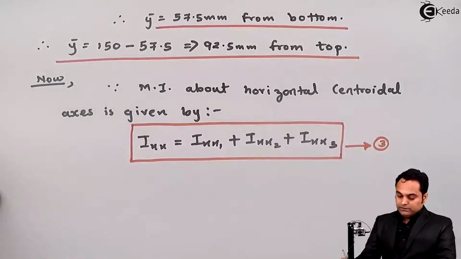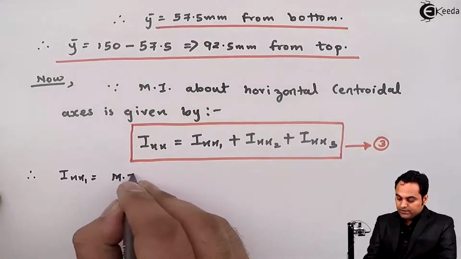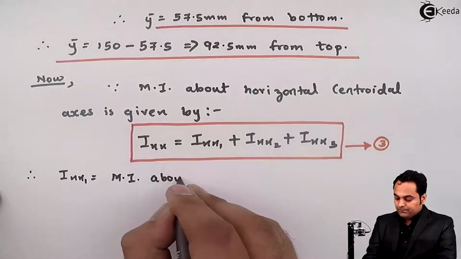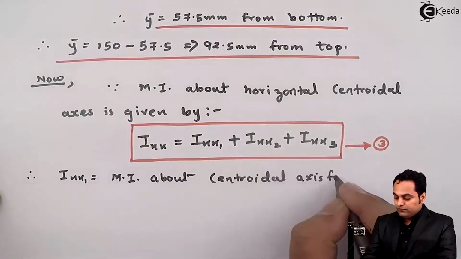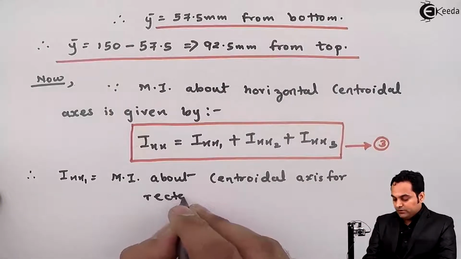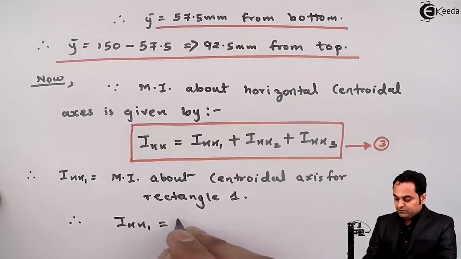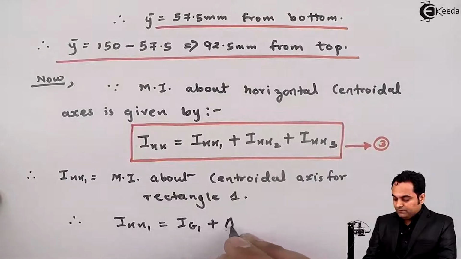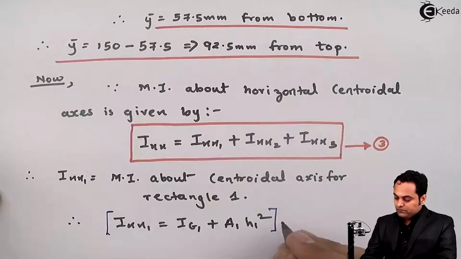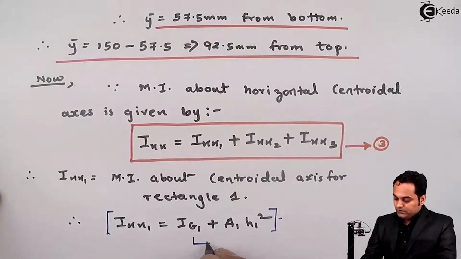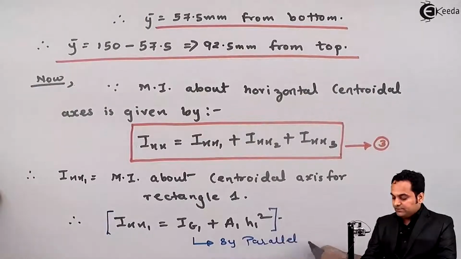Now Ixx1 is equal to the moment of inertia about the centroidal axis for rectangle 1. Therefore Ixx1 is equal to Ig1 plus area 1 into h1 square. This is by parallel axis theorem.